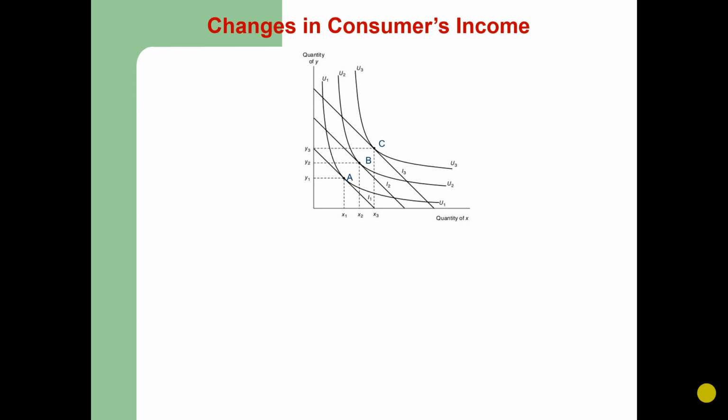We must notice that the budget lines denoted by I1, I2 and I3 are all parallel, and that reflects the fact that only the money income is changing.